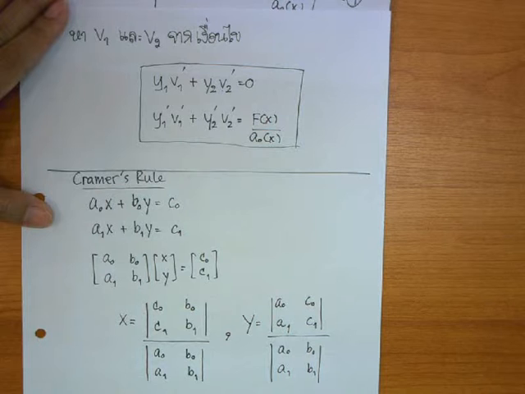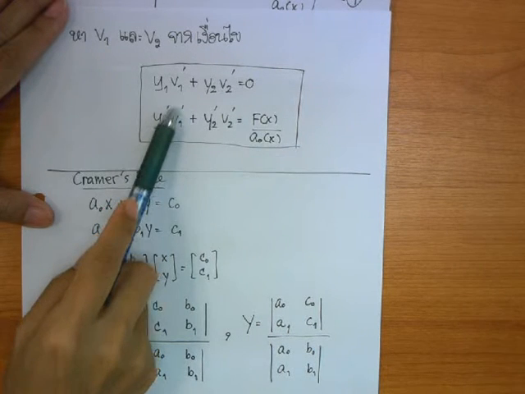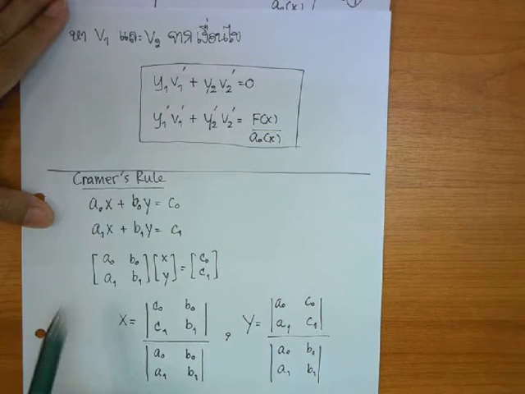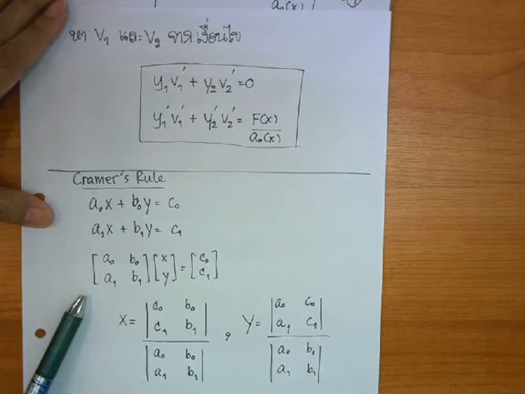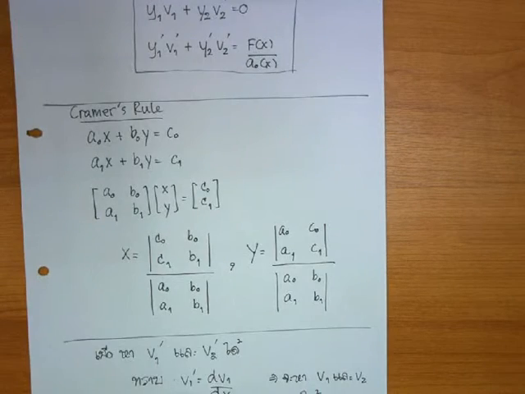Because y1 and y2, you get them from yc. The only two unknowns are the first derivative of v1 and the first derivative of v2. So with Cramer's rule, you can find them.